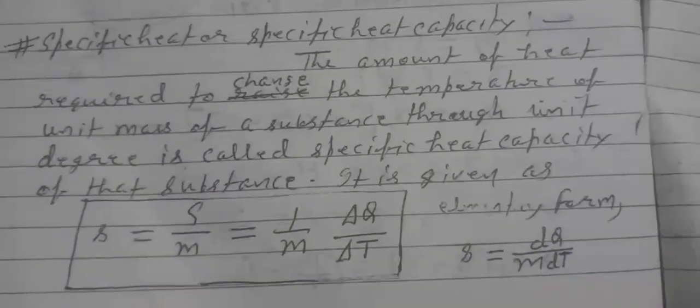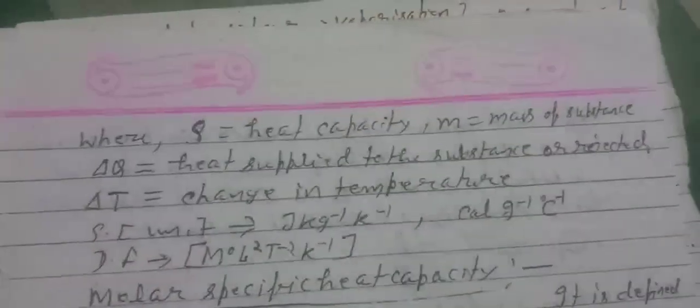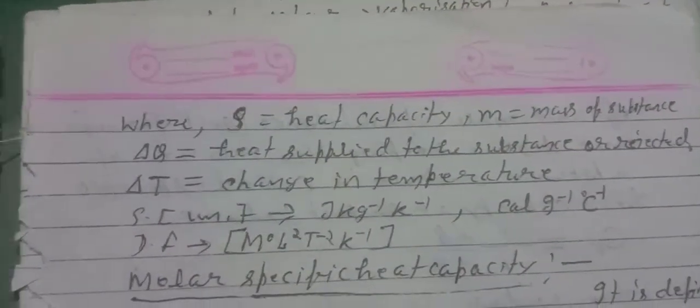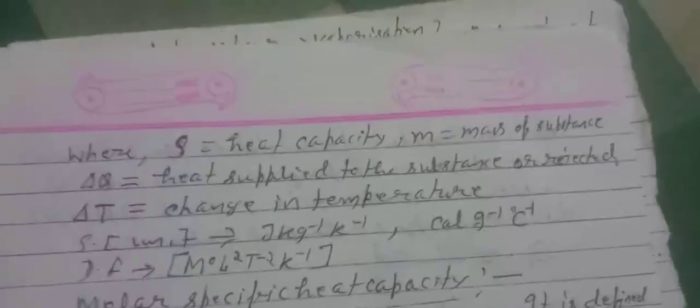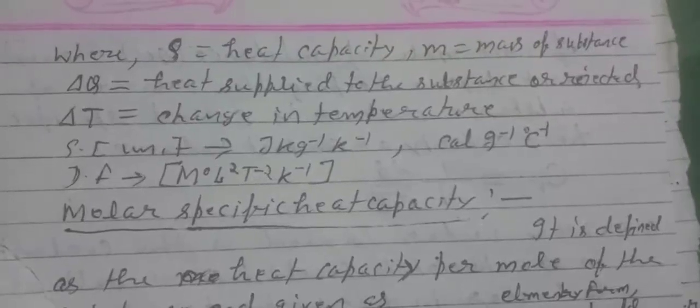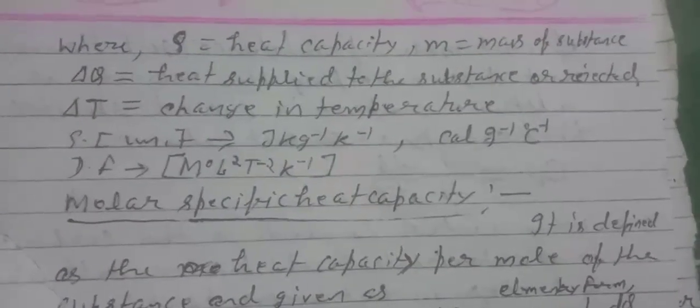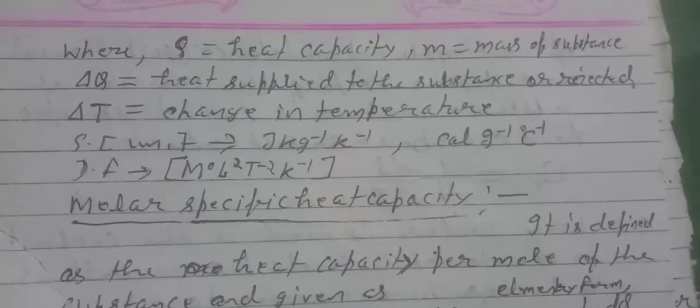In elementary form, s = dQ/(m dT), where S is the heat capacity, m is the mass of the substance, ΔQ is the heat supplied to or rejected by the substance, and ΔT is the change in temperature. SI unit is joule per kg per Kelvin, and another unit is calorie per gram per degree Celsius. Its dimensional formula is M⁰L²T⁻²K⁻¹.